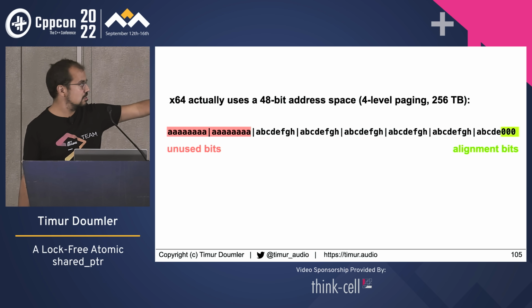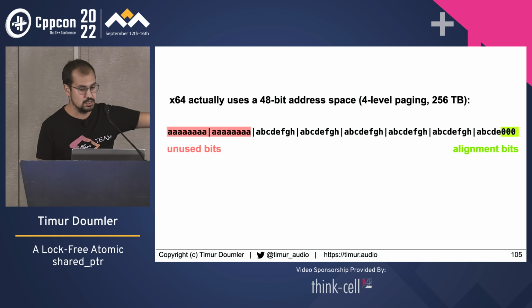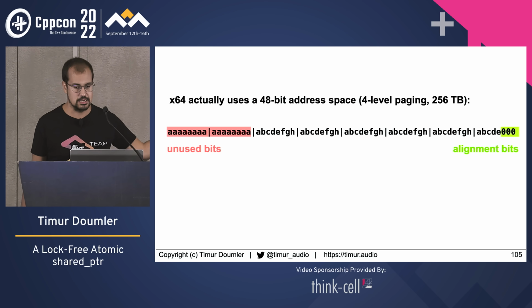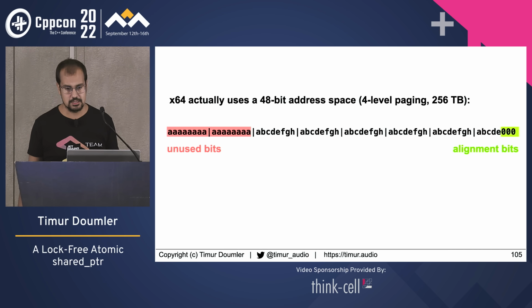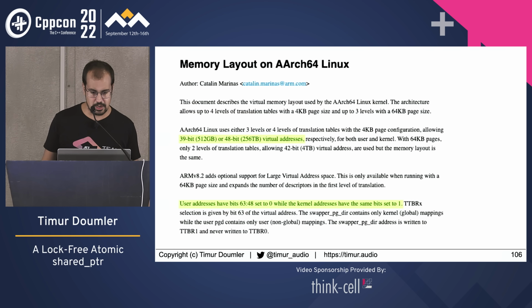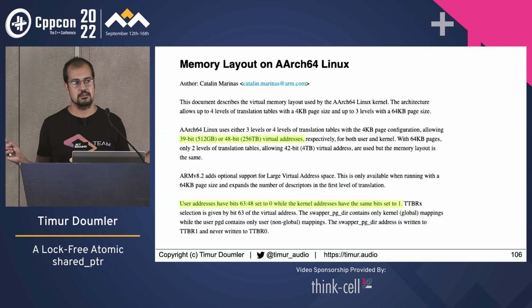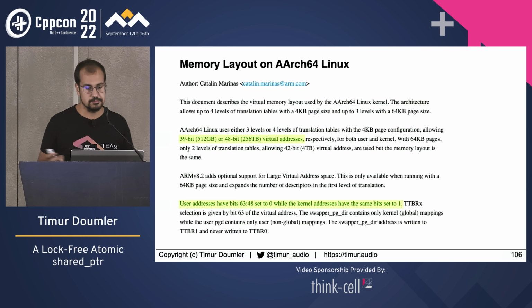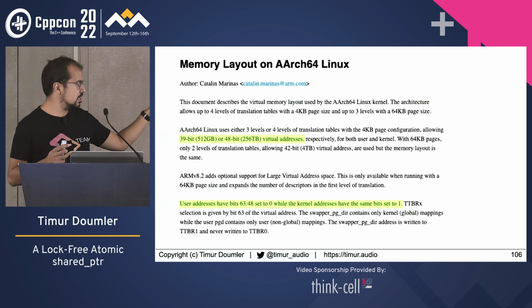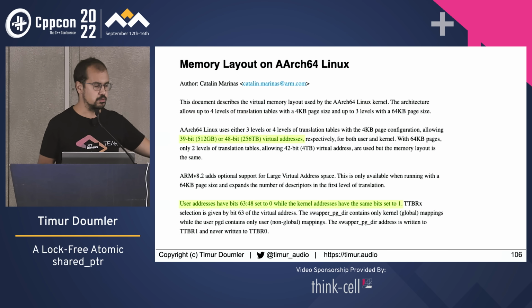So we can use the 16 bits here in the front, and we can also use the 3 or 4 alignment bits, depending on what max alignment is. And on ARM, it's pretty much the same story. There is a 39-bit or 48-bit address space, and the other bits you can just use. They are also introducing a bigger address space, but again, this is opt-in only.